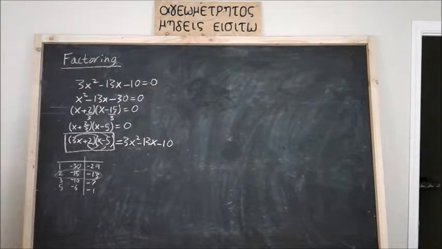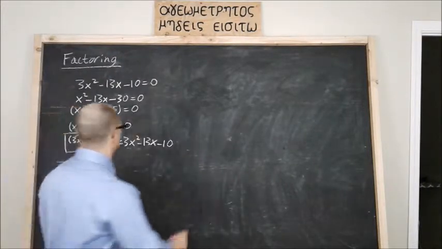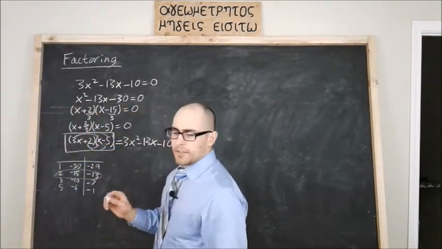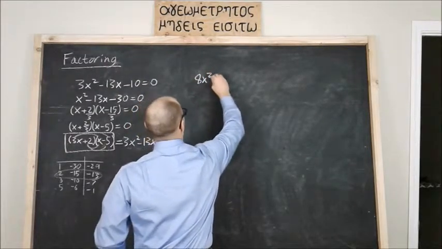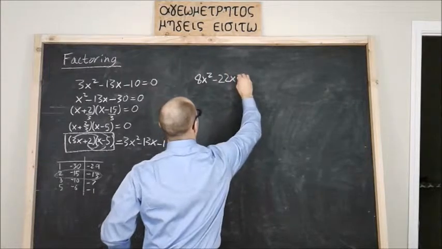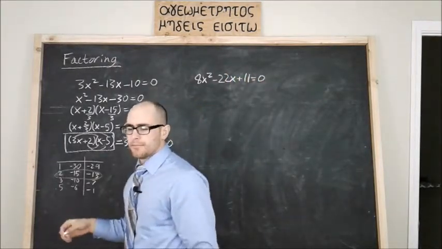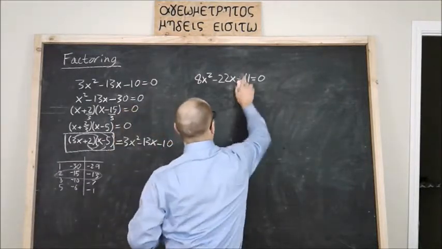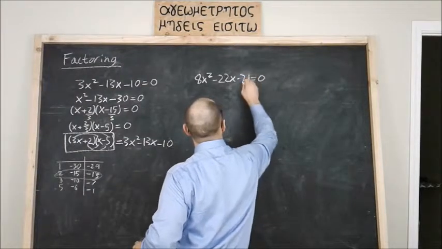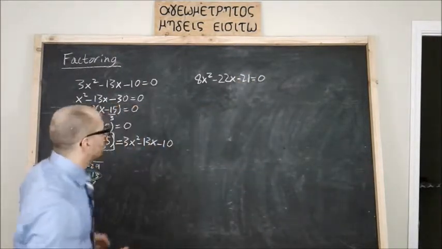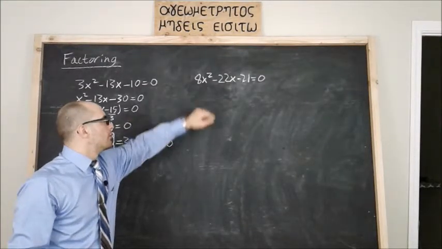All right. So let's do another example just to really let this sink in. So this time we're going to do 8x squared minus 22x plus 11 is equal to 0. Again, notice my leading coefficient is not equal to 1.